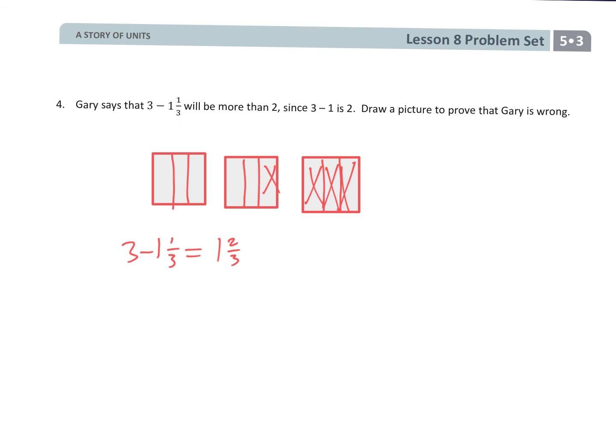And I'm going to take away one whole and then one more third, and that's going to leave me with 1 and 2/3. Or you could have solved it the way that we've been doing it today. Either way, you're going to get this number, and 1 and 2/3 is less than 2. So Gary was wrong. Sorry, Gary.